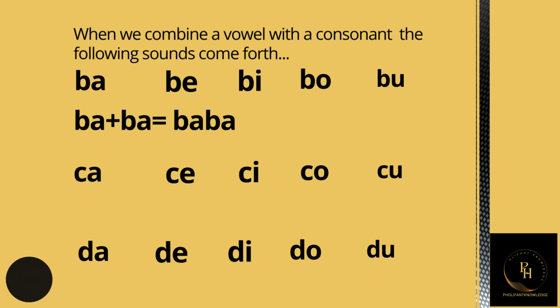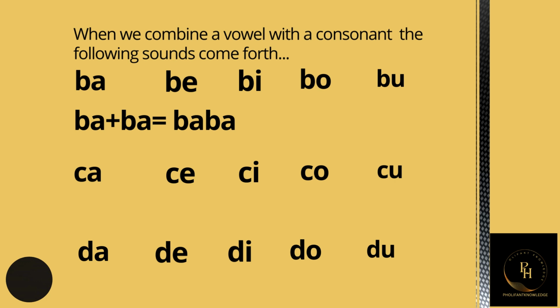Then we have other characters like CA. In Zulu they say ca, ce, ci, co, cu, da, de, di, do, du.